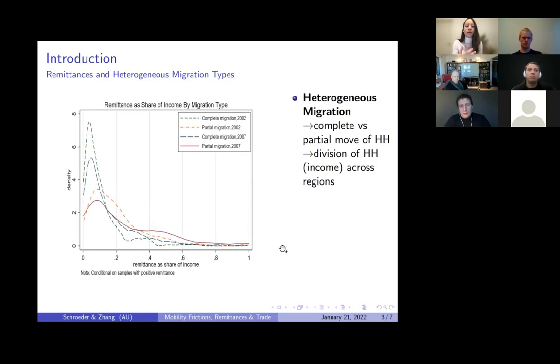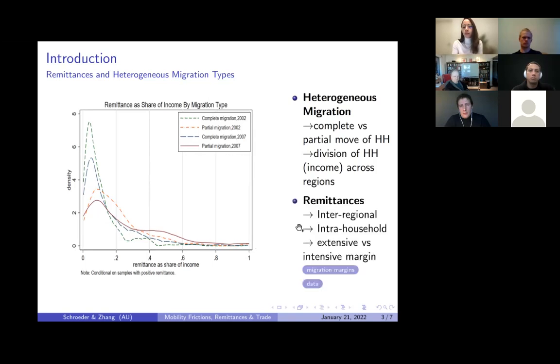So that means if they remit, they may even remit a bigger proportion than complete migrants. We also show that 30% of migrants are partial migrants. And the way we define remittances is that it has to be interregional, so from urban to rural, and within the household. And then there's an extensive margin that we analyze and an intensive margin of these remittances.